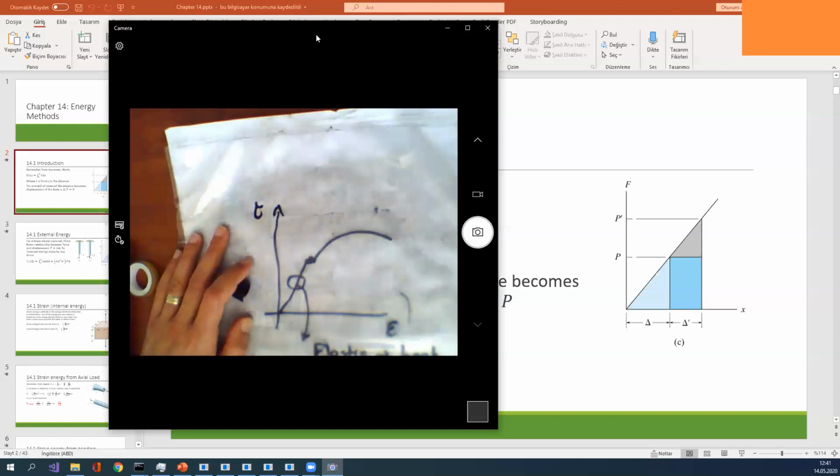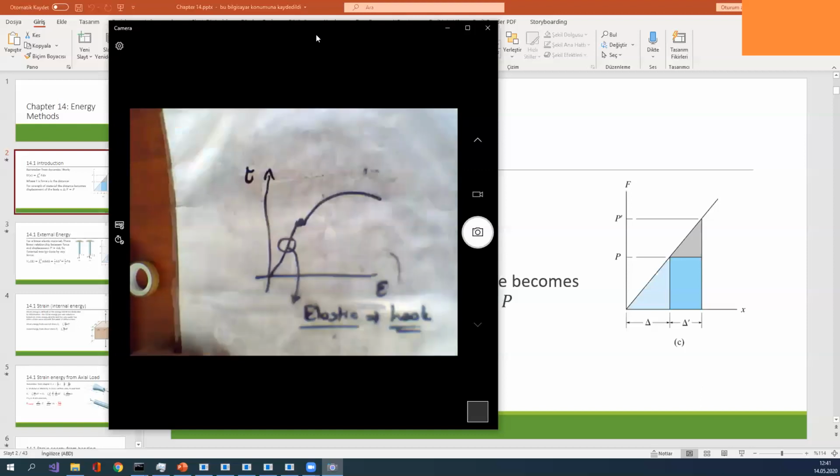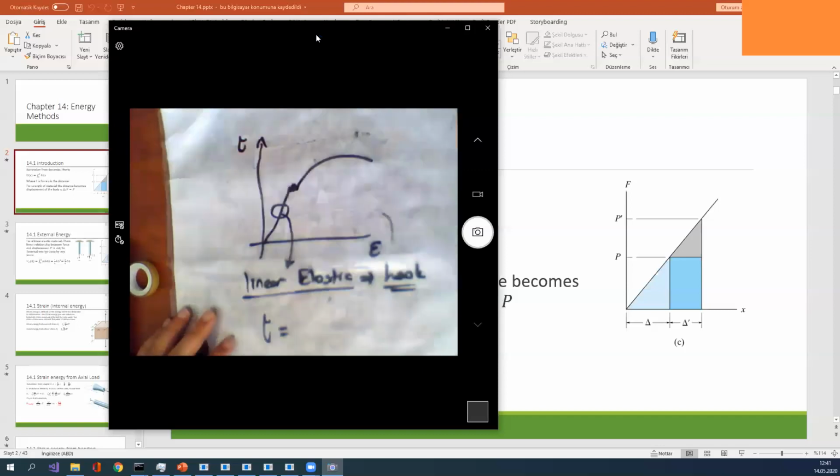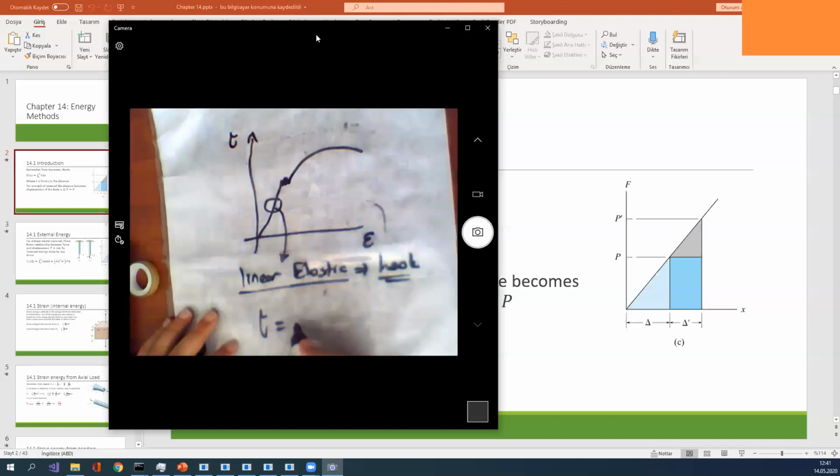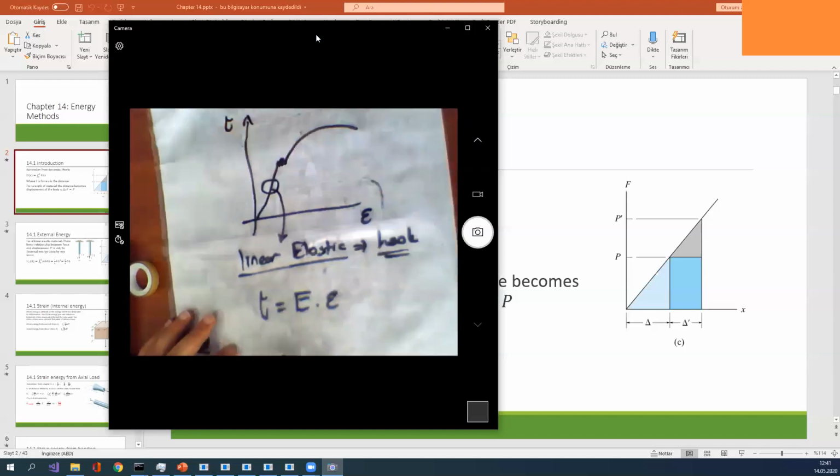If our material is linear elastic, we have Hooke's law, and we can define the simple relationship sigma is equal to E times epsilon. If I represent this as force and displacement, we have a constant relationship between the force and displacement. So this looks like a spring force.